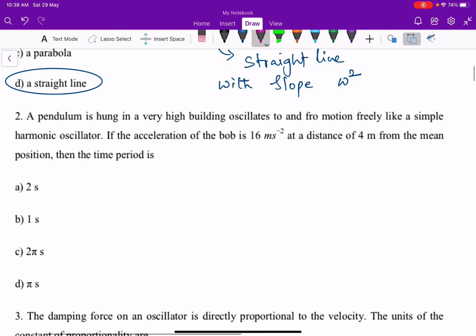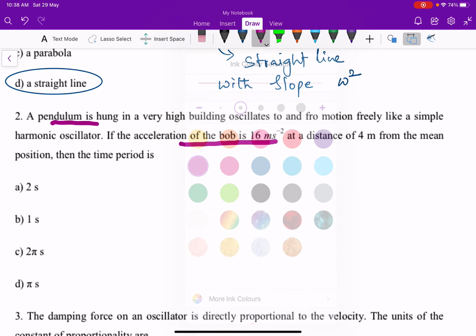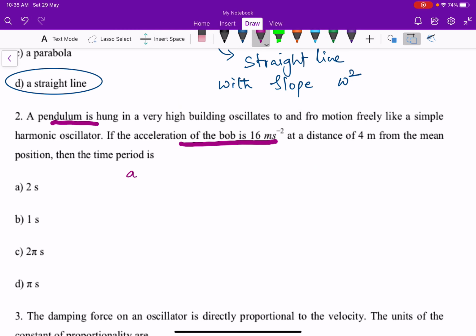Next question, the second one. A pendulum hung in a very high building oscillates to and fro freely like a simple harmonic oscillator. If the acceleration of the bob is 16 meter per second square at a distance of x equal to 4 meters from the mean position, what is the time period?